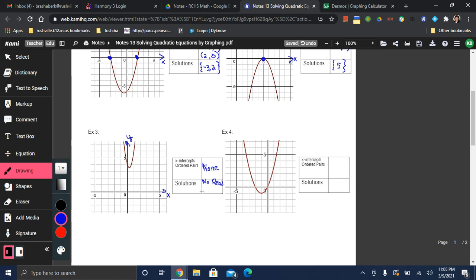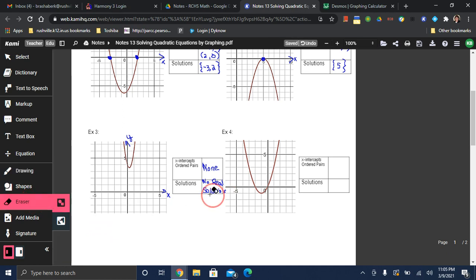For those of you that go on and take Algebra 2, you will find that there are solutions that are called imaginary solutions.